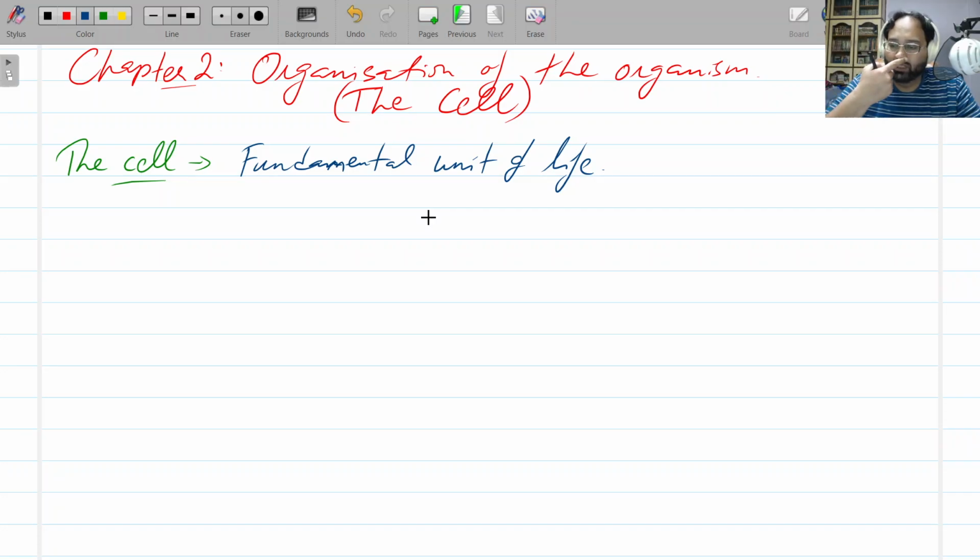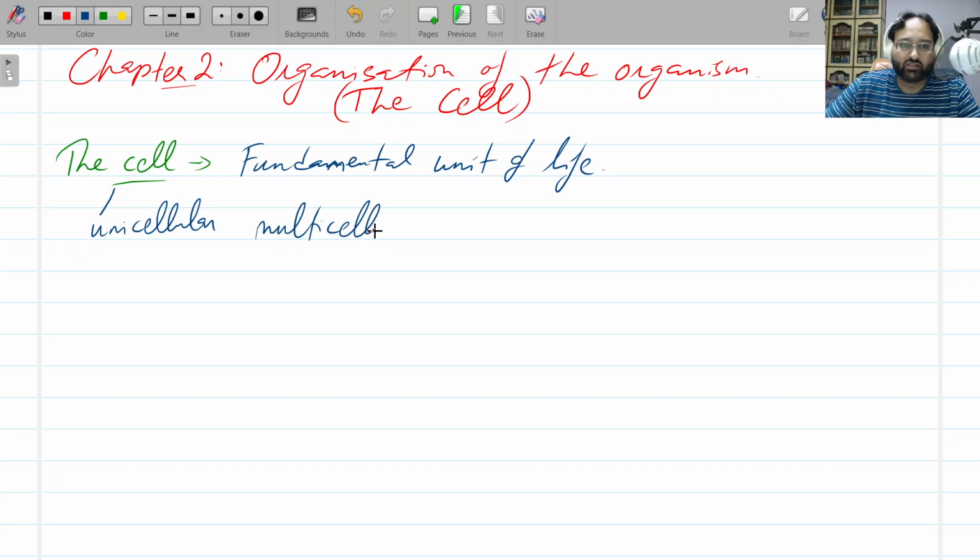We've talked about unicellular organisms and multicellular organisms and the different kingdoms and everything. As I just mentioned, you've got organisms that are unicellular, which means they're just one cell, or they are multicellular, which means they're made up of many cells. And so the cell is the fundamental unit of life.